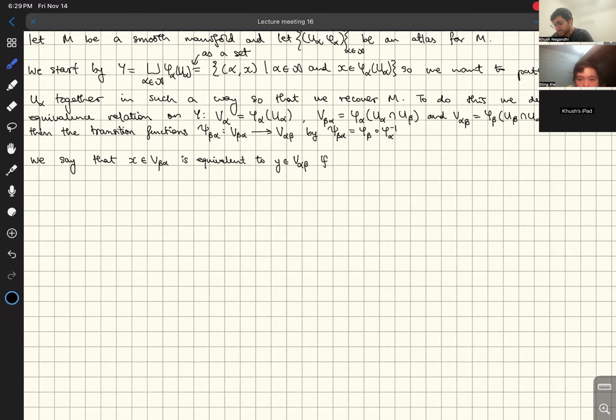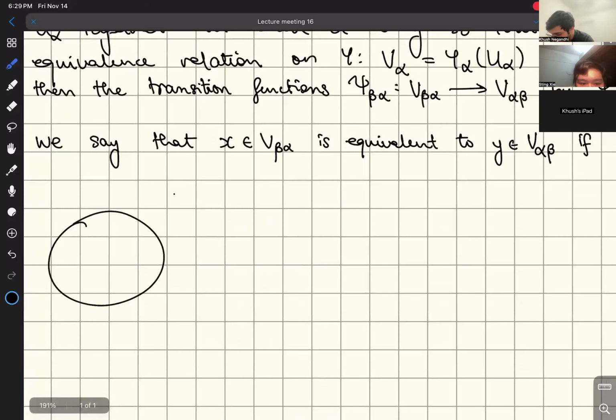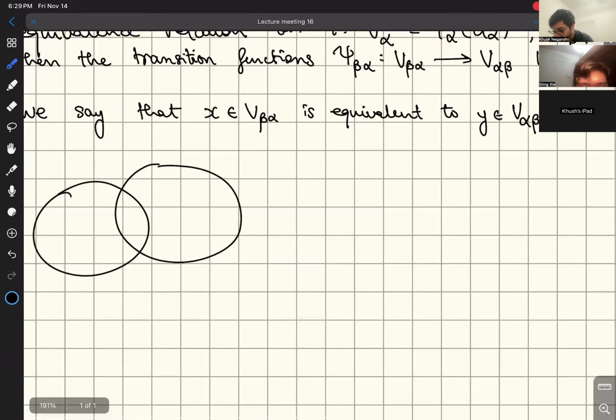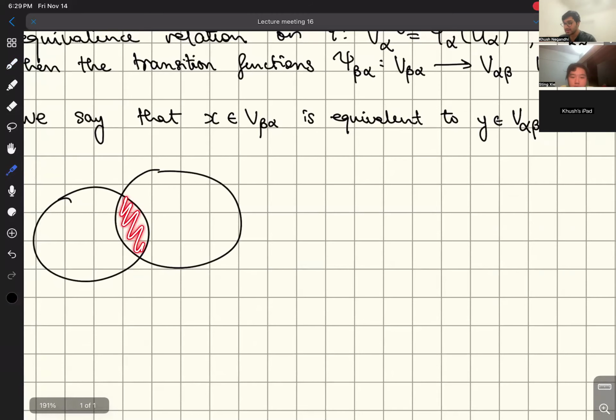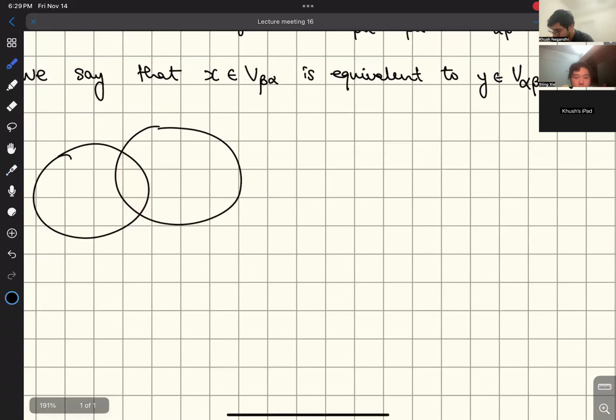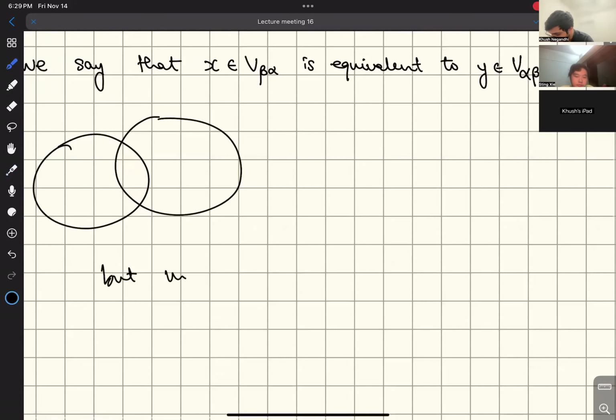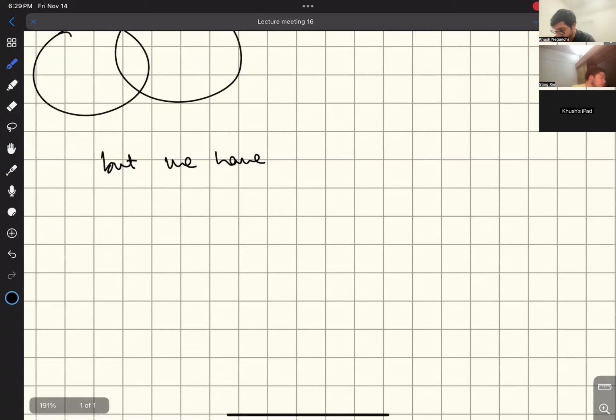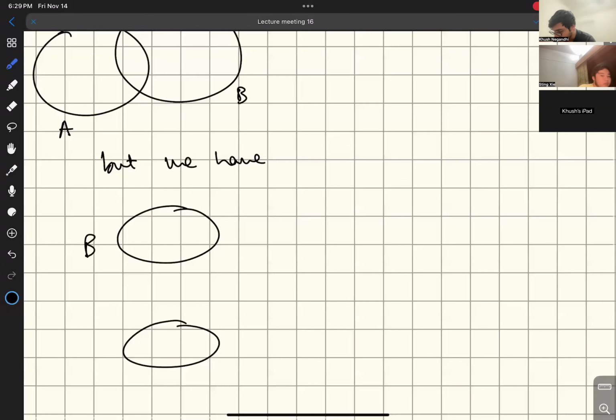So say I had disks that intersect like this. I'll call this A, I'll call this B. In our construction, we have A and B sitting on top of each other like this.